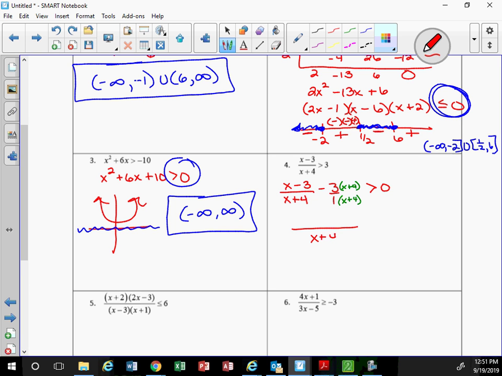All right, x minus 3, that first numerator, that's not changing, right? Then you have to distribute. Just be really careful with your negative here. So this is going to be minus 3x. And then do you guys see minus 12? Okay.